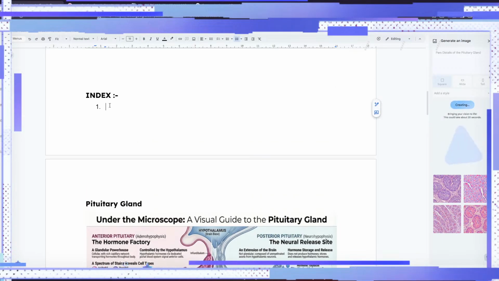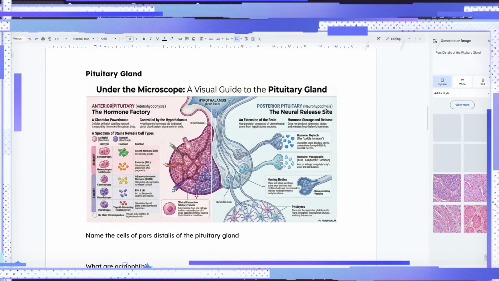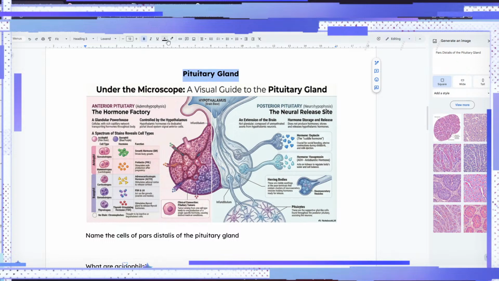So let's make the index. The first is pituitary gland. Let's give it a highlight, and change the color. Okay, now that's not good.